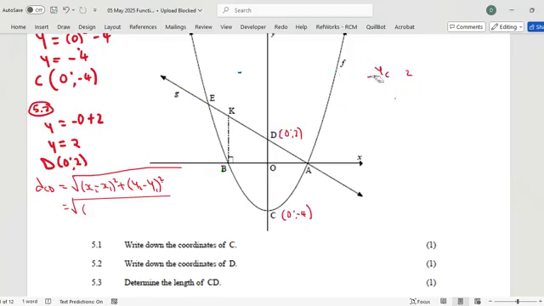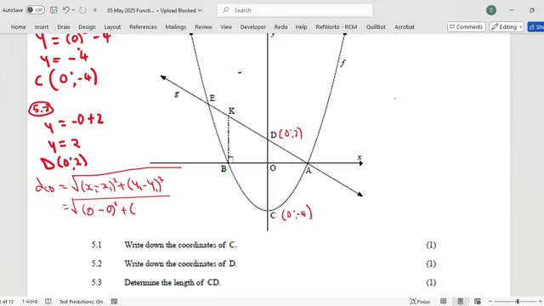Are we okay? Can I pass? Yes, sir. Okay, thank you. Now, what would be my x2? 0. 0 minus, what would be my x1? 0. 0 also squared, plus my y2 will be how much?